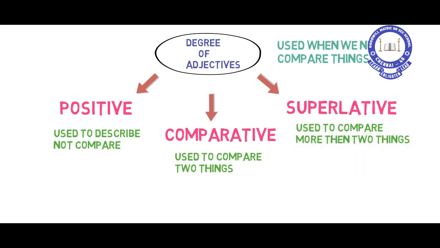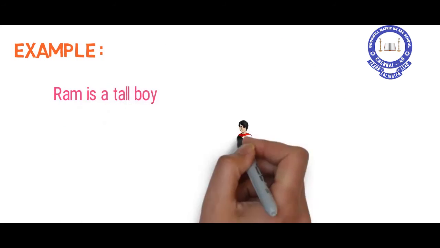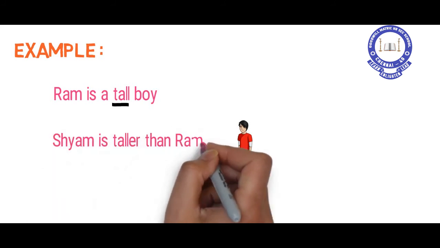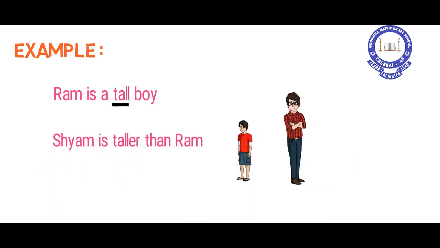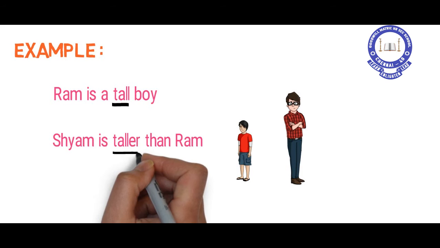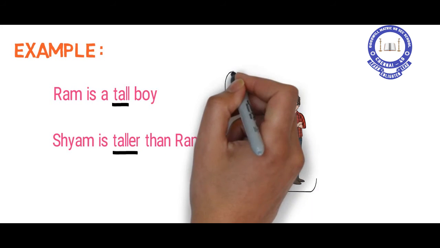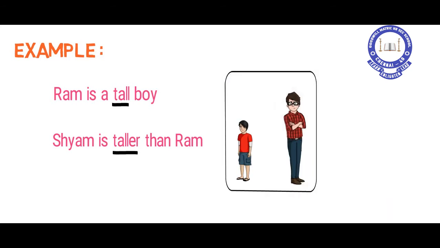Example, see, Ram is a tall boy. Here, tall is an adjective we are using to describe a boy, a person. We are not going to compare it with any person. So it is a positive degree. Understood? Now let's see another example. Shyam is taller than Ram. Taller is an adjective, okay?